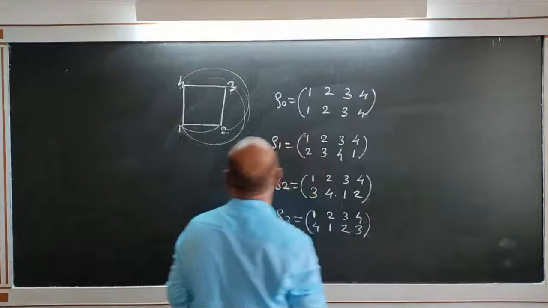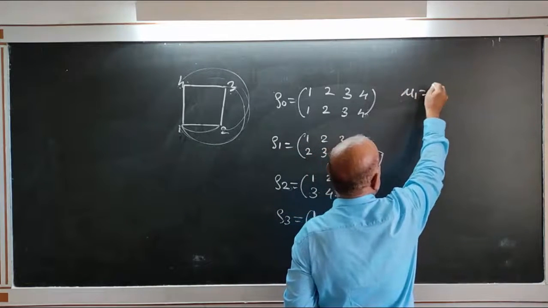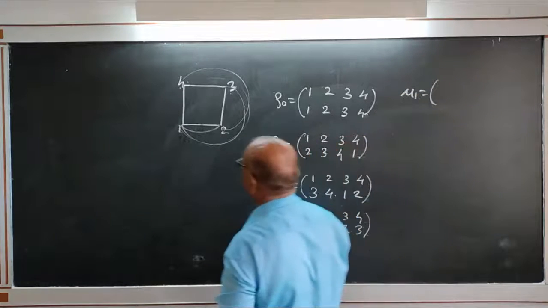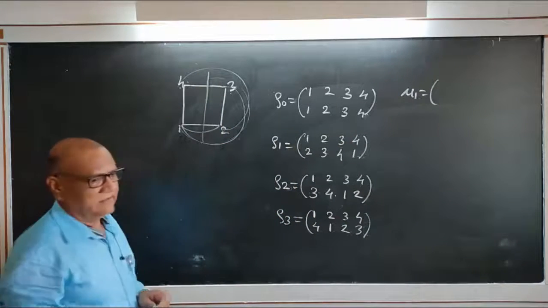Now take mu 1. These are mirror images. First take the vertical one.